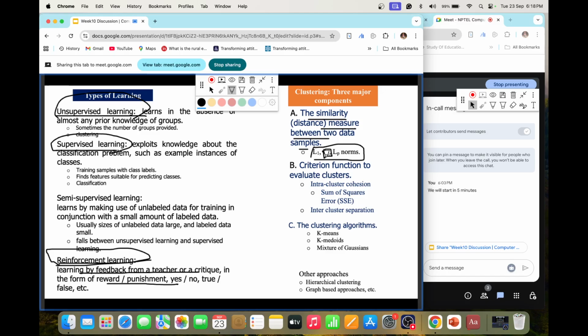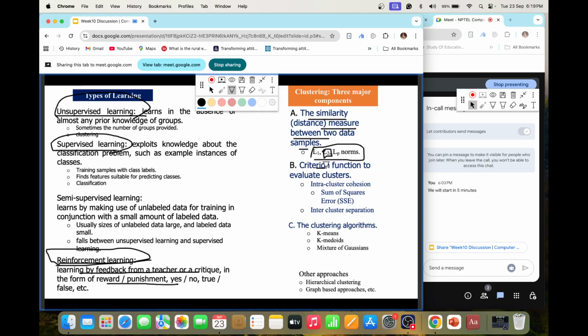The distance between points x1 and x2 is given by the root of (x2 minus x1) squared plus (y2 minus y1) squared. That is known as the L2 norm or the Euclidean distance, and it is the most common.